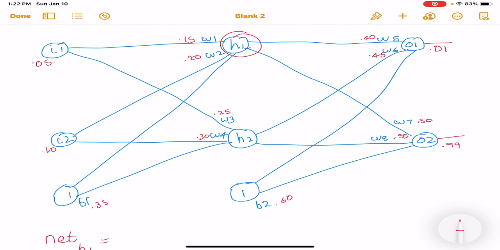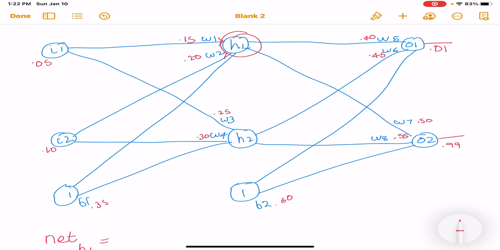So for this neuron H1, what are the weights that are associated with it, or what are the weights which are coming to it? It is nothing but the weight W1 and the weight W2. So those are the two weights which influence my first neuron, which is H1.